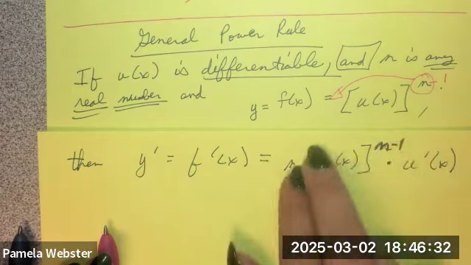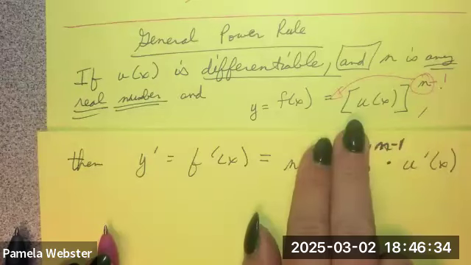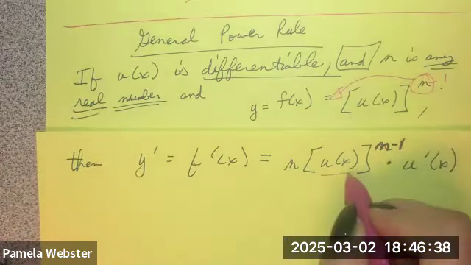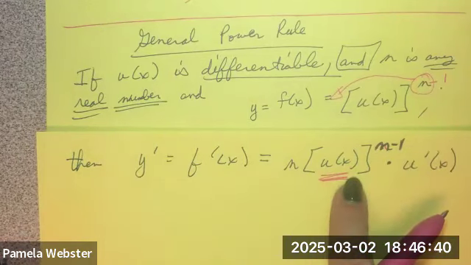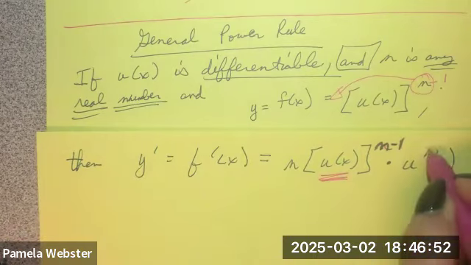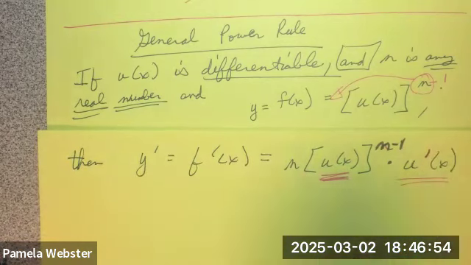Use your power rule just like you're used to. But once you've done that, don't forget I've got this function on the inside, and I can't ignore it, unless it's just the x or whatever the variable is. If I've got a polynomial kind of thing going on, I'm going to have to come back here and multiply by u prime of x.